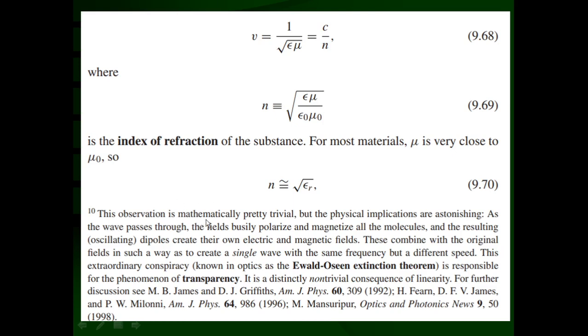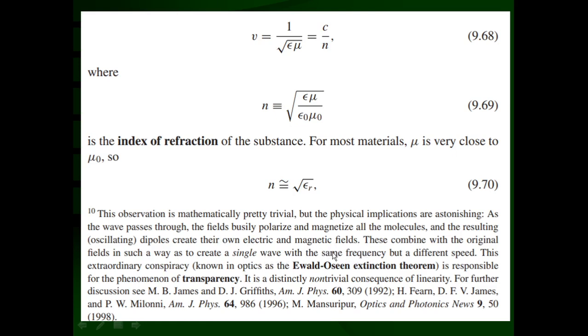This observation is mathematically pretty trivial, but the physical interpretation is astonishing. As the wave passes through, the field busily polarizes and magnetizes all molecules of the material, and the resulting oscillating dipoles create their own electric and magnetic fields. That means they induce a time-varying electric and magnetic field. This combines with the original field in such a way as to create a single wave with the same frequency.